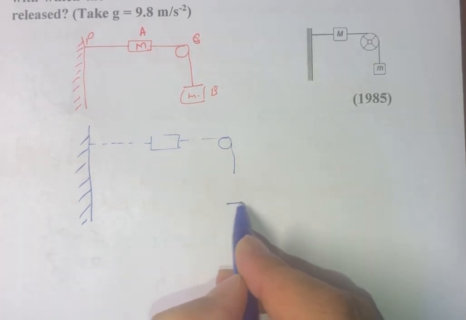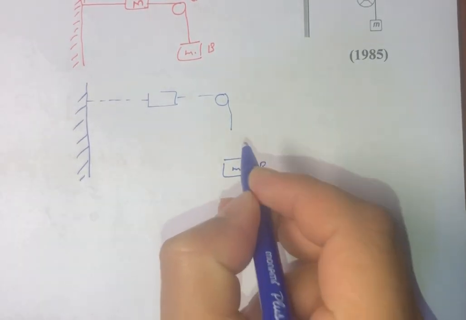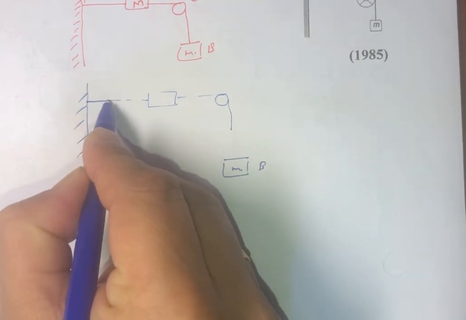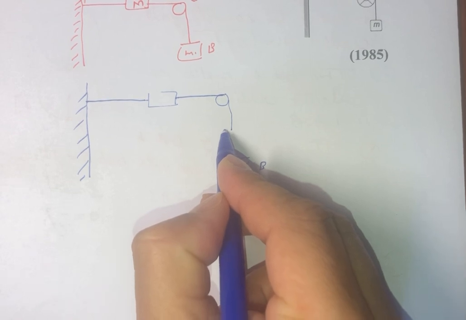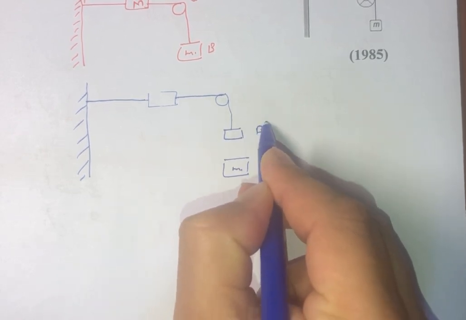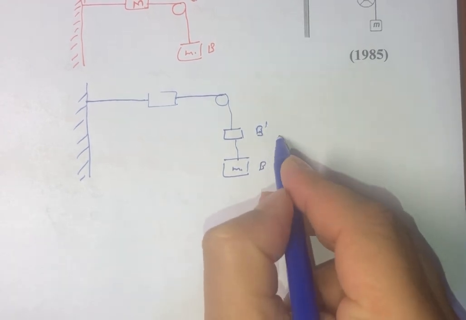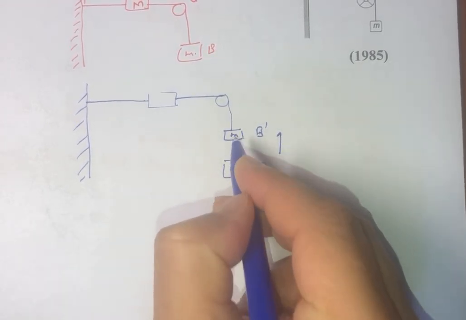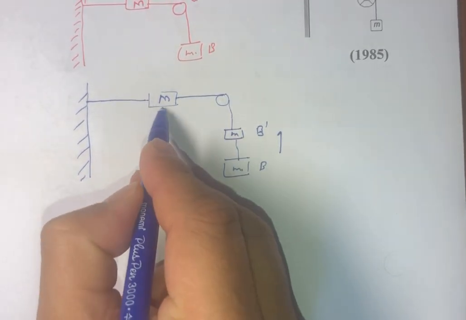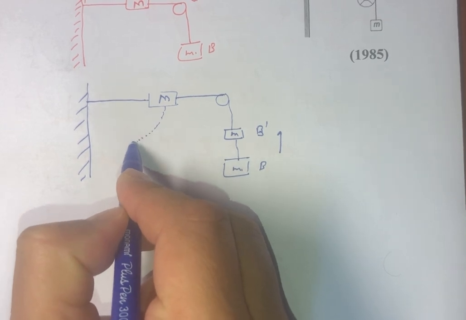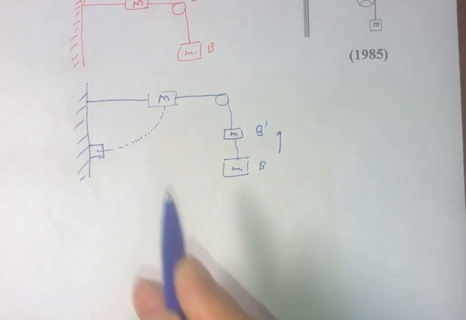So let us draw that figure. The initial position of the small m is B, and this is the final position, let us call it B prime. So small m travels this distance to B prime in the upward direction. This is the final position of M, and capital M traverses a path like this, an arc, and strikes the wall.